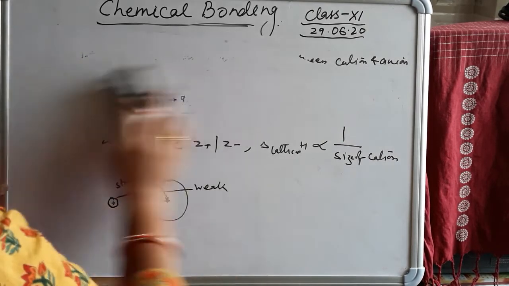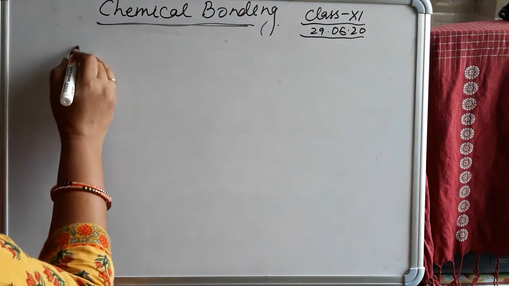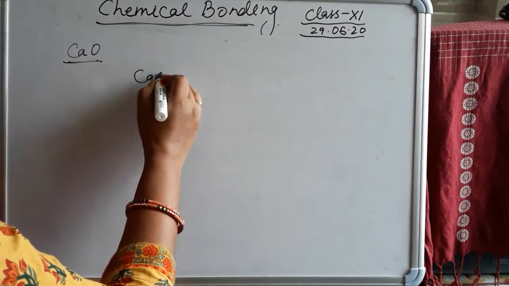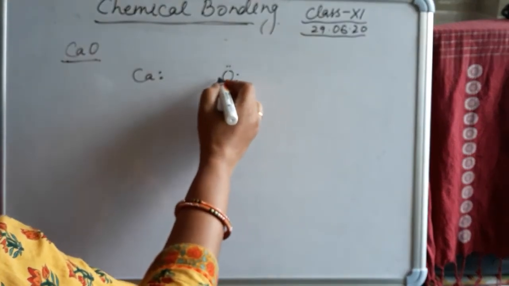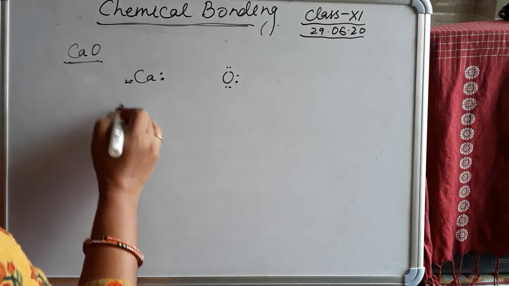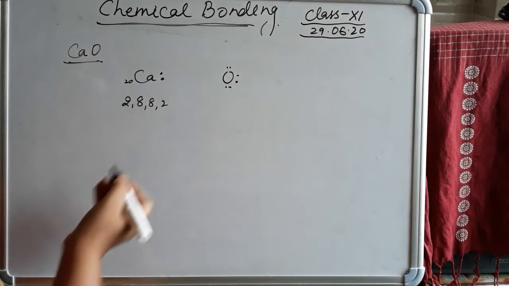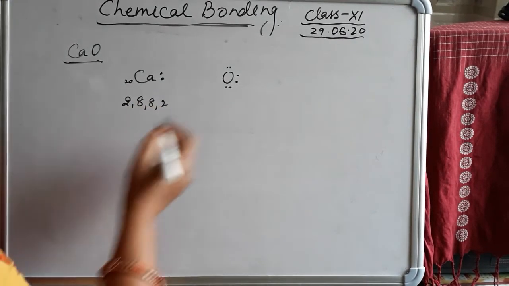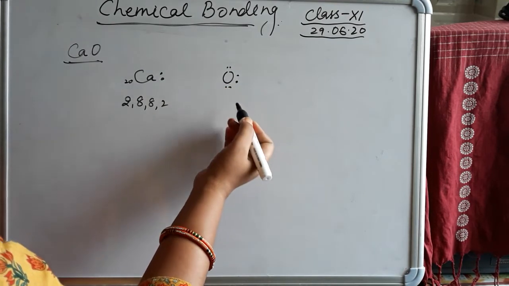Next, students, we will discuss the electron dot structure of a few elements and compounds. Suppose we have calcium oxide: calcium has 2 valence electrons, oxygen has 6 valence electrons. The atomic number of calcium is 20, so 2, 8, 8, 2. If calcium loses its 2 electrons, it acquires inert gas configuration, and when oxygen takes two electrons, it also acquires inert gas configuration.